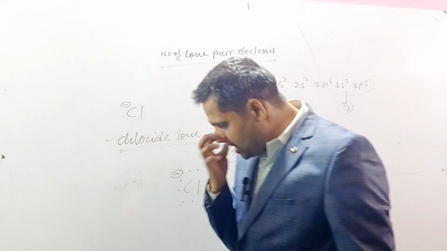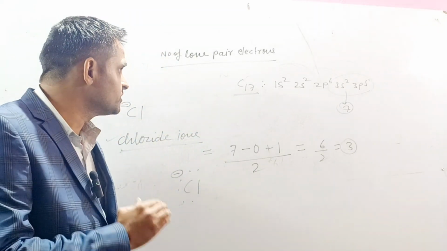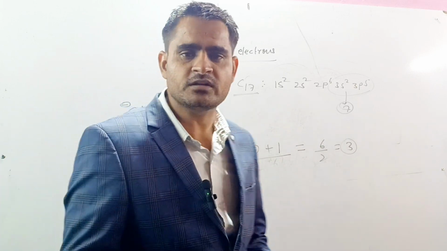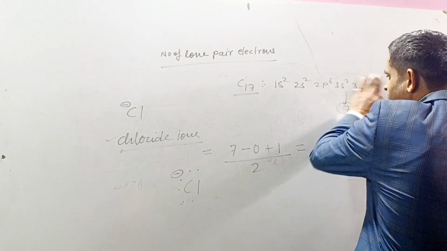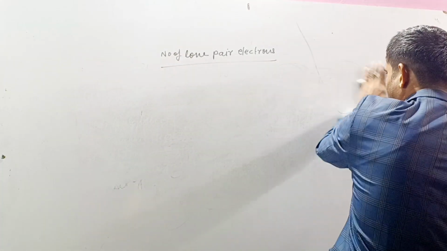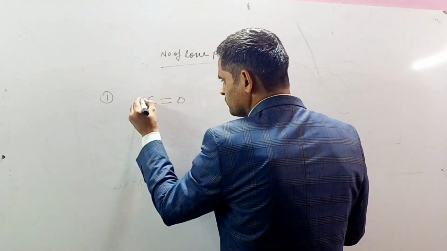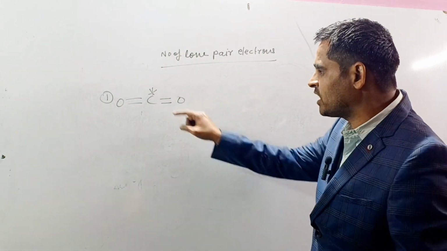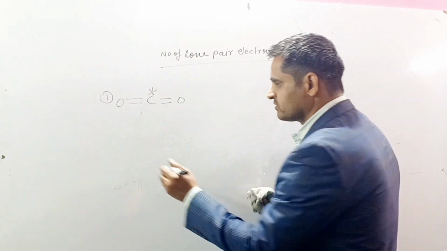According to my idea and the new concept classes, you have learnt how to calculate the number of lone pair electrons at an atom in a molecule. Now please do the homework and write the correct answers in the comment box. First is carbon dioxide. You will count the number of lone pair electrons denoted by the star.